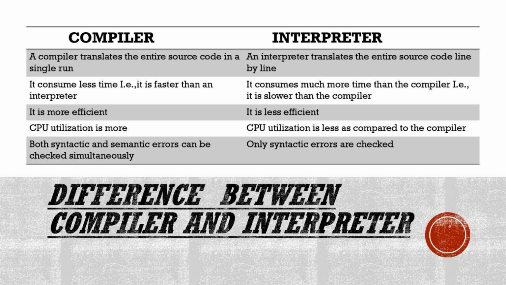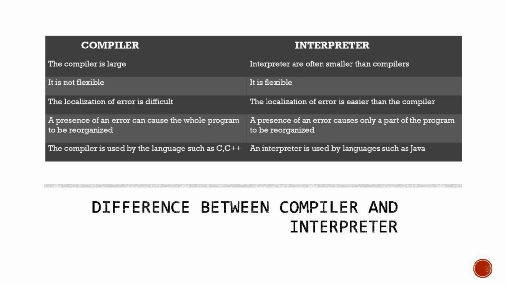In a compiler, both syntactic and semantic errors can be checked simultaneously. In an interpreter, only syntactic errors are checked. Next, the compiler is large, but interpreters are often smaller than compilers. A compiler is not flexible, but an interpreter is flexible. In a compiler, the localization of error is difficult.